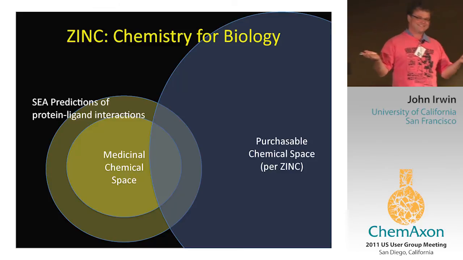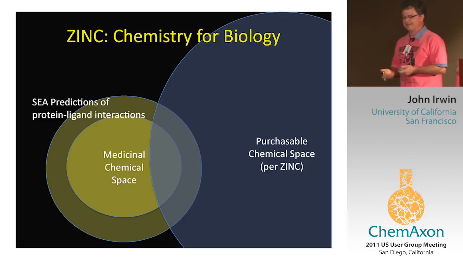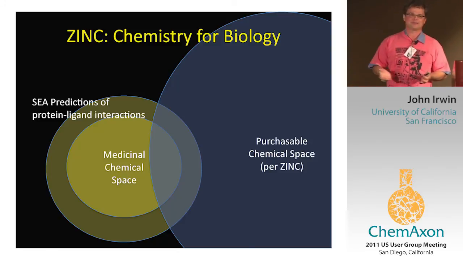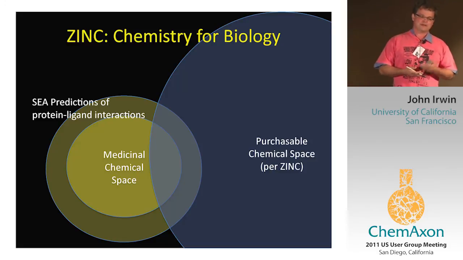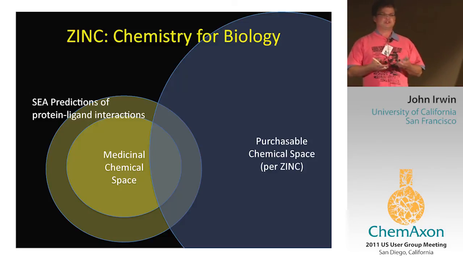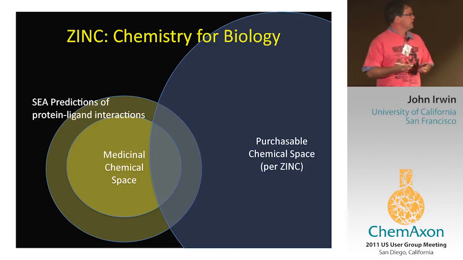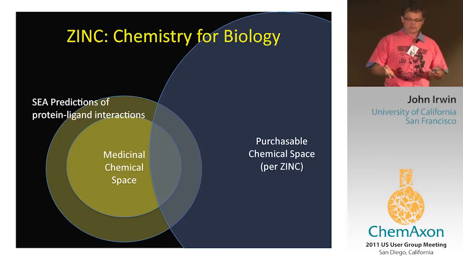So in conclusion, we're in the business of trying to discover small molecules for biology, whether it's for a starting point for a MedChem program, or chemical tools for biology, just to try to tease apart biological pathways. And of course we do docking. We still believe in docking.